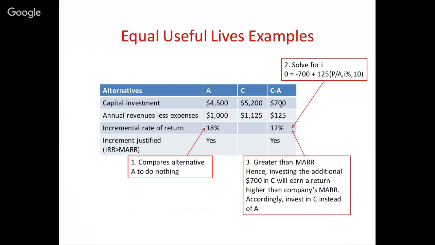You can think of this increment of investment as like a separate investment, if you will. Since the IRR is greater than the MAR of 10%, that means this is an attractive investment, which means that C is a more attractive investment than A. Okay, C is more attractive than A. Now, this doesn't mean that C earns 12%.